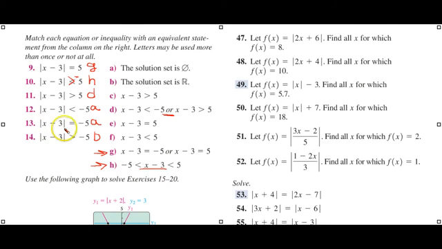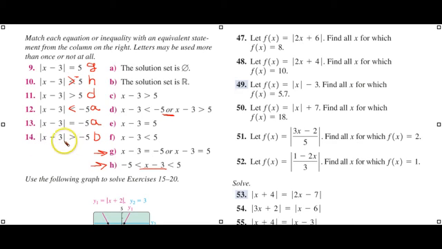All right, number 13. Again, for 12 and 13, since this is less than, there is no solution. And we can't have an absolute value equal a negative.